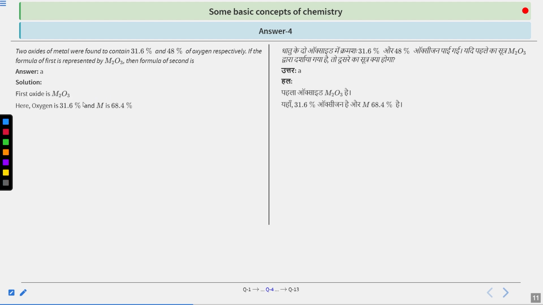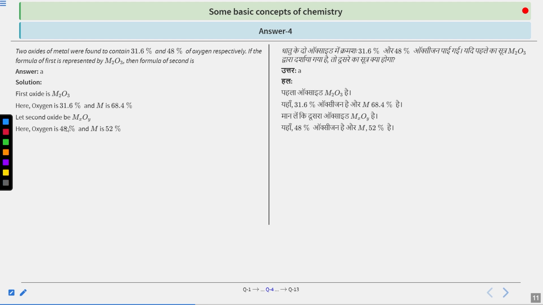We know that the first oxide is M2O3. With the help of that, we can calculate the metal percentage, which is already given as 68.4%. Now you can calculate the metal moles, given by mass divided by molar mass.